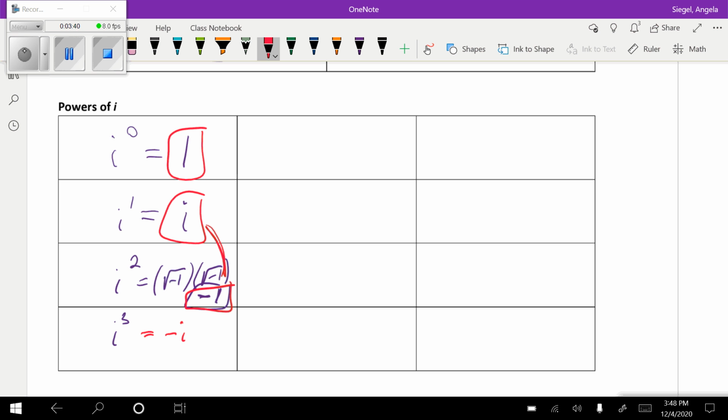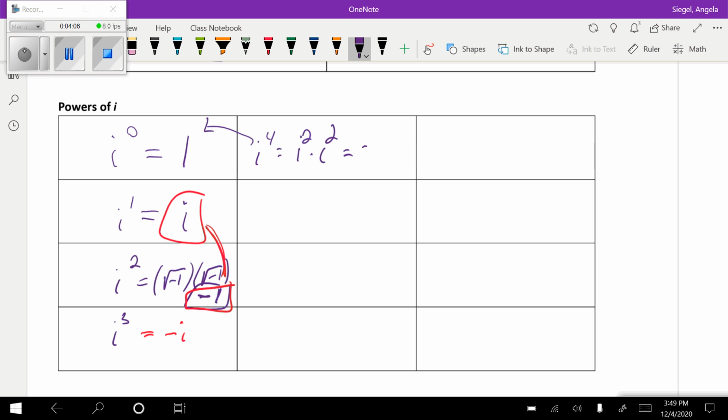Okay, so what happens when we go through, let's say i to the fourth power, is going to be the same as this. I'm going to show you. We could technically multiply all of these together, but I'm not going to do that. I'm just going to look at it as i squared times i squared.